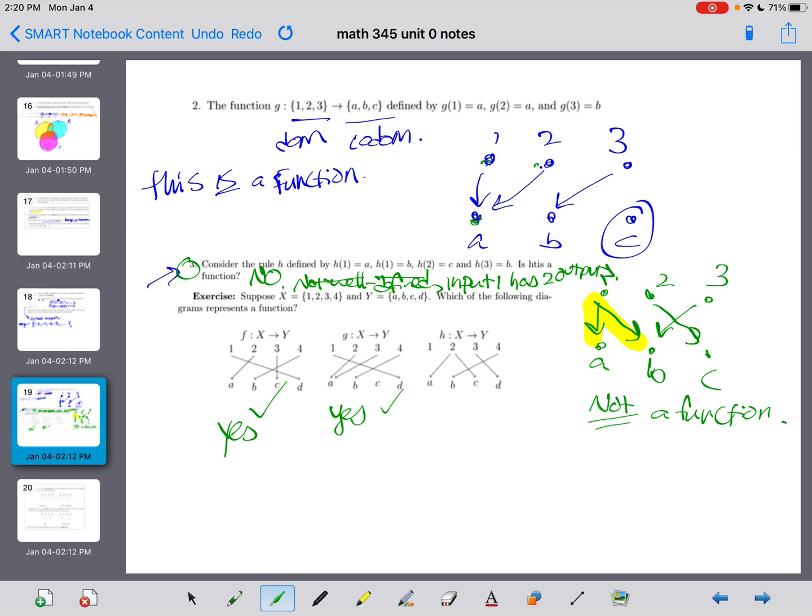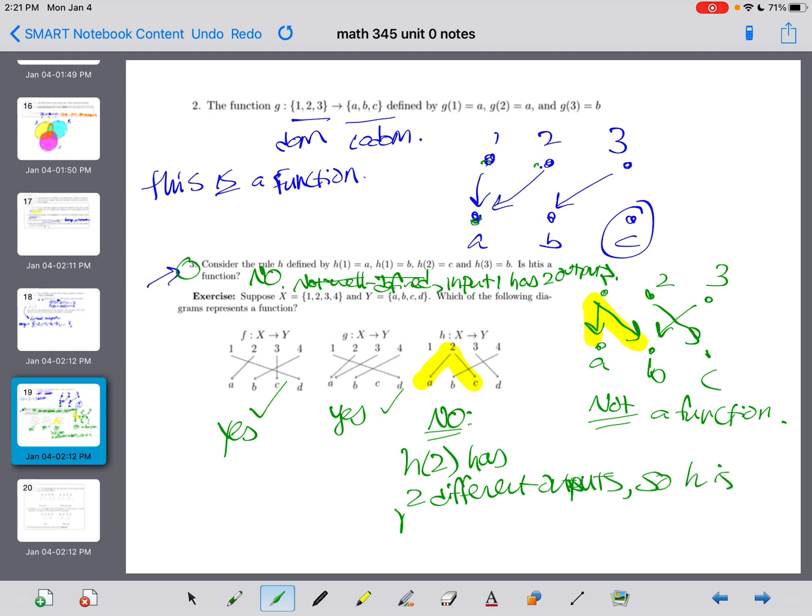But for this last one, there's actually two reasons why this is not a function. First of all, the input 2 gives you two different outputs, which is bad. H of 2 has two different outputs, so H is not well defined. But there's actually another problem with this as well, which is that my domain consists of the numbers 1, 2, 3, and 4.